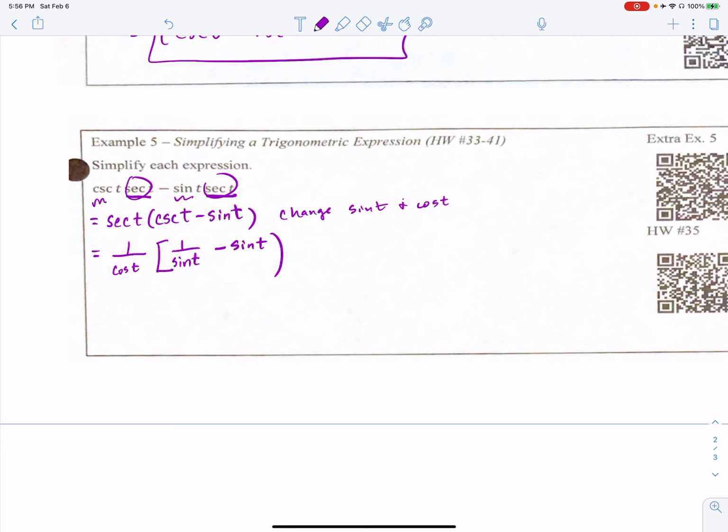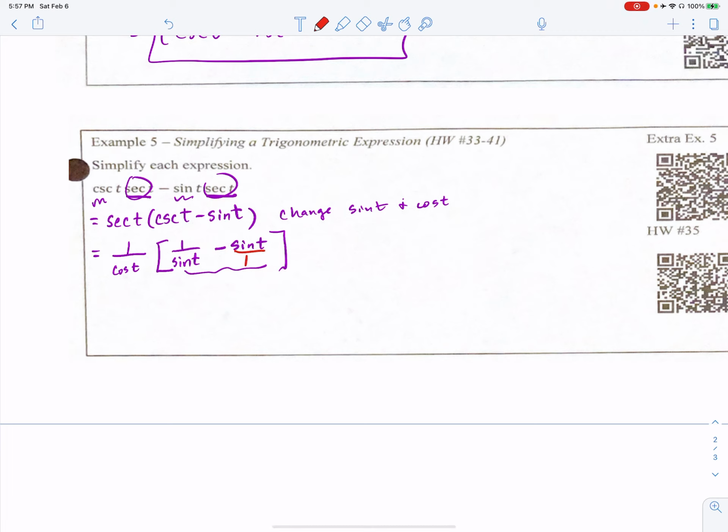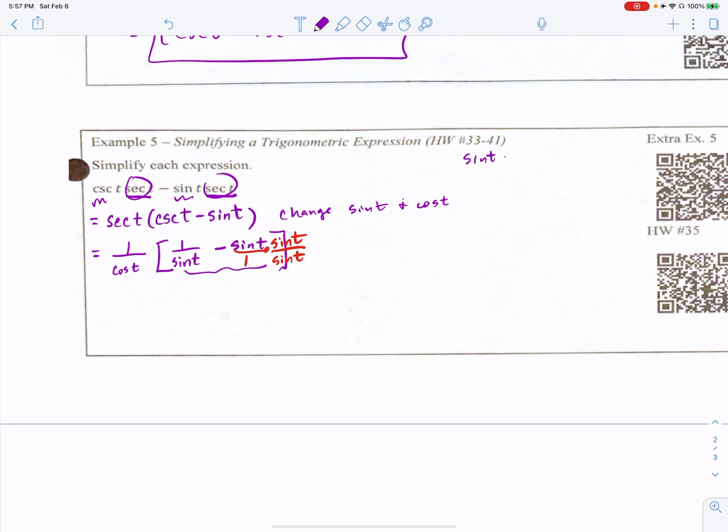And now I'm going to get a common denominator. I'm going to change this to a bracket. To do that, I'm going to think of this over 1, and I'm going to multiply the top and the bottom of that single fraction by sine t over sine t. And sine t times sine t is sine squared t.